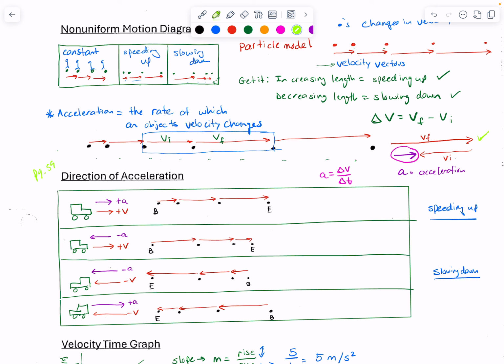So again, what we're going to do is decide what is our final and our initial. For this case here, I'm going to make this one my vector final, and this one my initial. So using the same kind of pattern I did before, I'm going to do my final one, which is going in this direction, that length there. My initial one is this one going back the other direction, but less space.